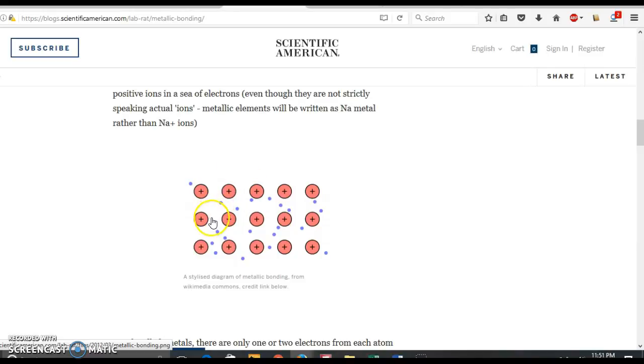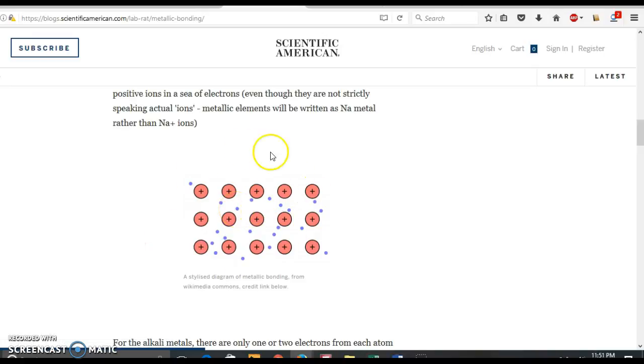Due to these metallic bonds, metals are really strong. They have a high melting point and high boiling point. They have good electrical conductance. Why? There are free electrons. They can conduct electricity freely. And they have good heat conductance, for the same reason: they have a large number of free electrons.